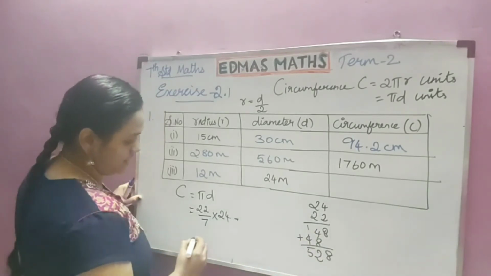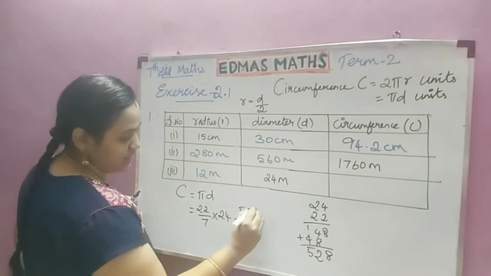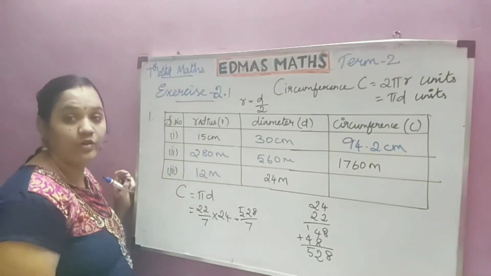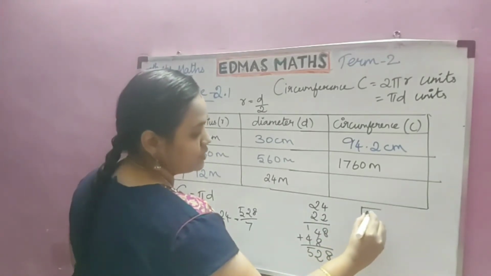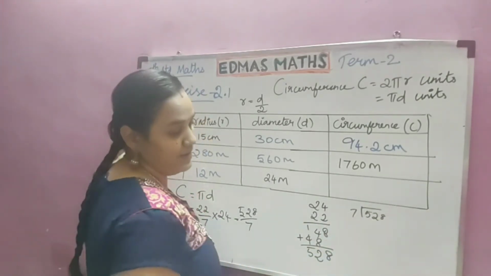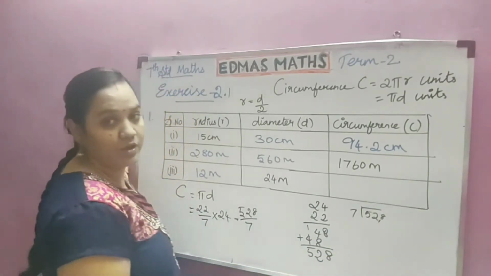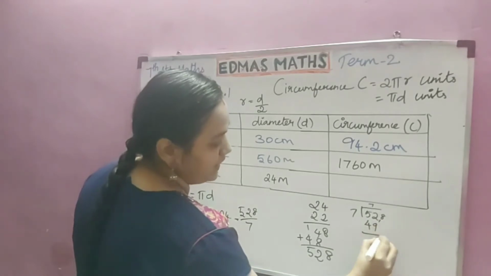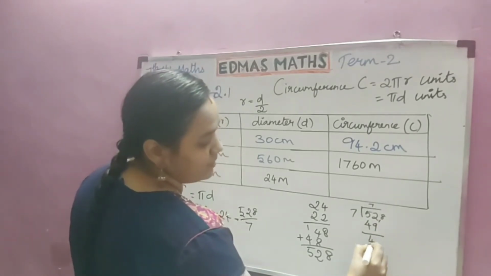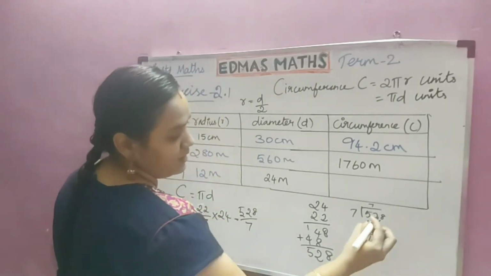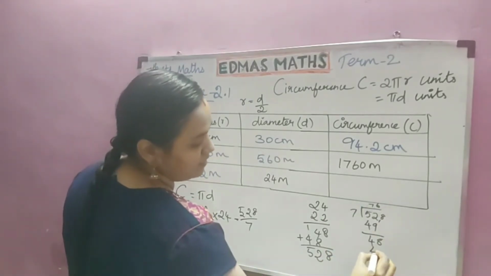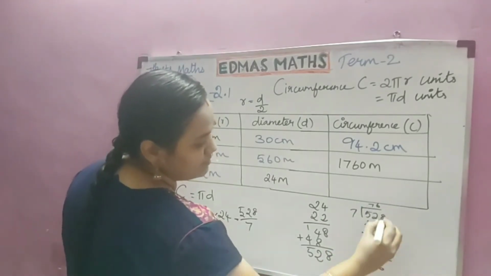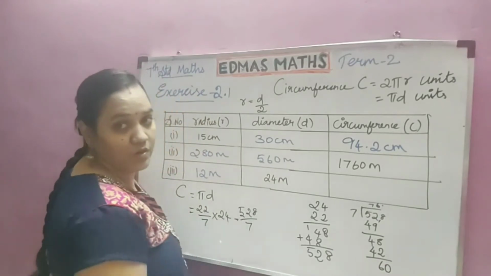So 528. 528 divided by 7. Now we have to divide. We have to take 2 digits. 7 7s are 49. Balance 48. Again 6 7s are 42, balance 0.